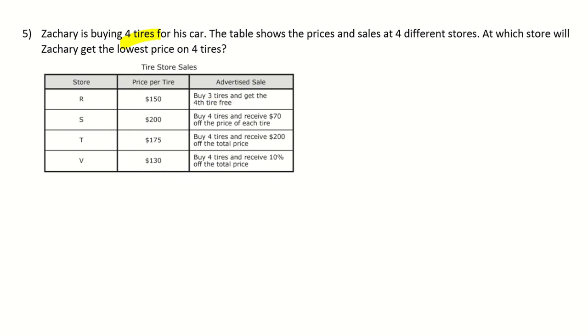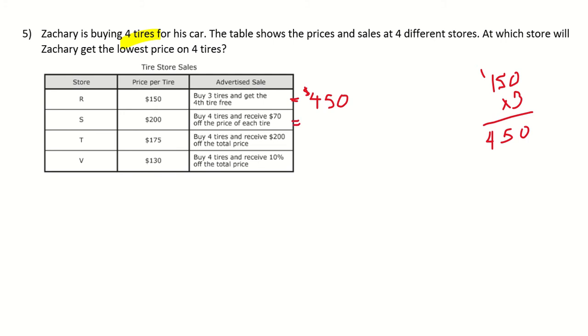So let's see what his cost would come out at this store. So 150 each times 3. That's going to cost him $450. And because he's going to buy 3 and that 4th one is free, that's going to be the cost at R.